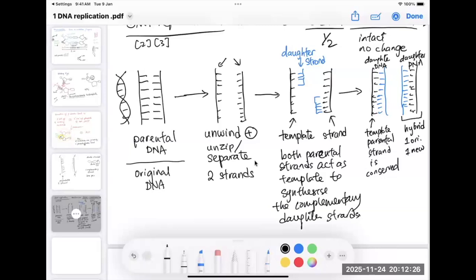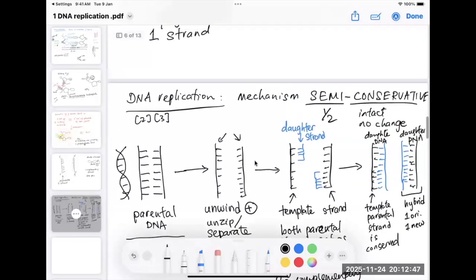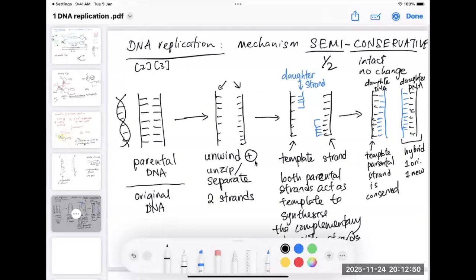So the daughter DNA consists of one original strand, which is conserved, and one newly synthesized strand. So that means half, semi-conservative. Where is the semi-conservative? One strand remains conserved. The other strand is new. That's why it's half conserved, half new.